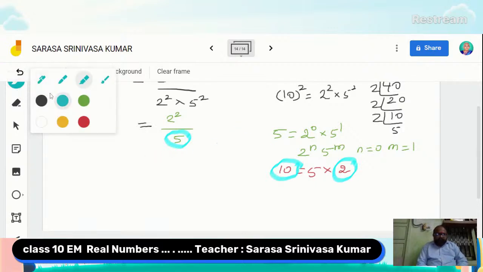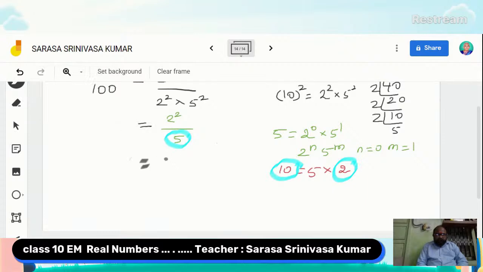So this is equal to 2 square by 5 multiplied by 2 by 2.